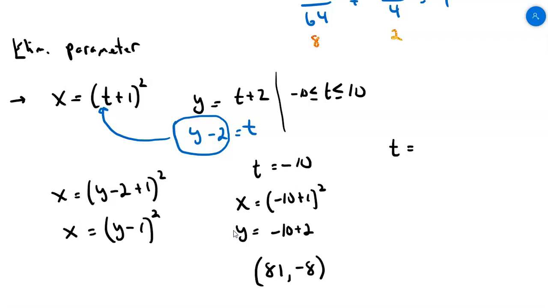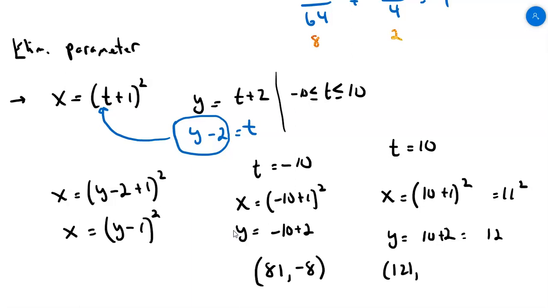All right, let's see what happens on the other end of this graph at t equals positive 10. I get x equals (positive 10 plus 1) squared, which is 11 squared, and y equals 10 plus 2, which is 12. So 11 squared is 121, 12.